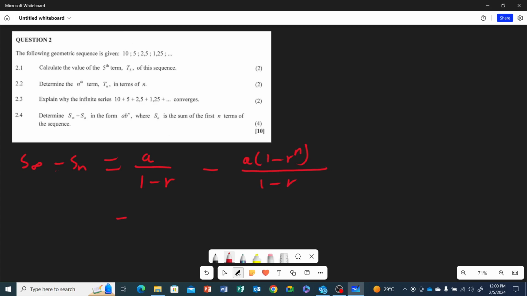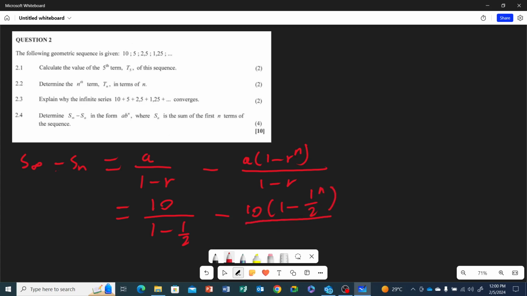Okay, so a is 10, which is our first value, divided by 1 minus our ratio, which is 1 over 2, minus 10 again into 1 minus 1 over 2 to the power n, divided by 1 minus 1 over 2.